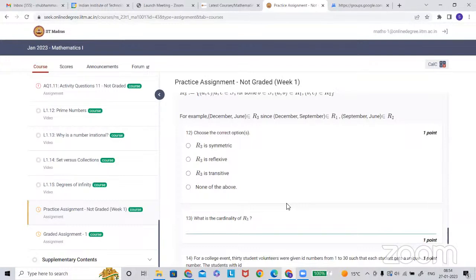That will come. Now the next one: February is in R3 due to class 3, because of its 28 days. Yes, sir.